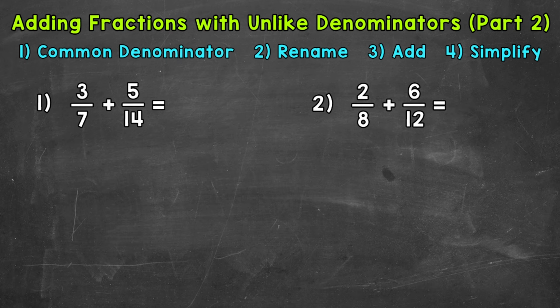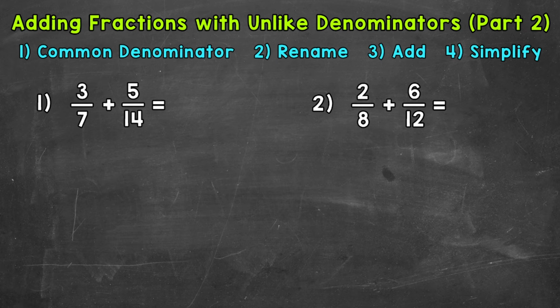And the first thing that we need to do is find a common denominator. Now, like I mentioned in part 1, you may recognize what that common denominator is right when you see the problem. But if not, you can always write out your lists of multiples in order to find it. So let's write out some multiples of both 7 and 14 and see if we have any common multiples, specifically the least common multiple.